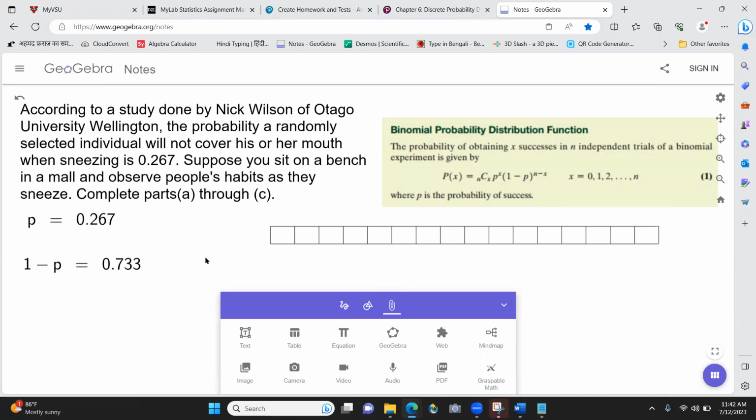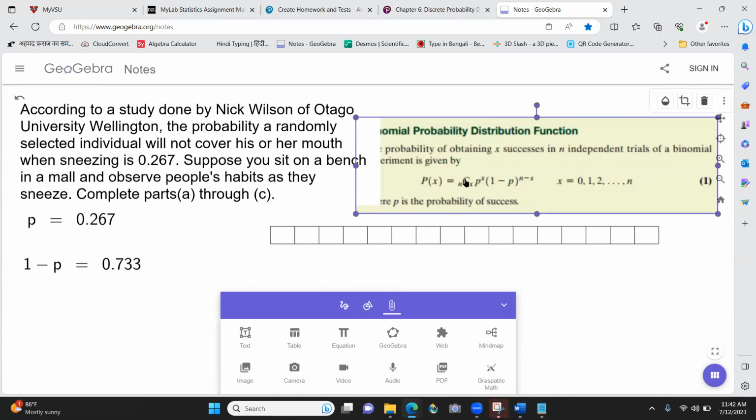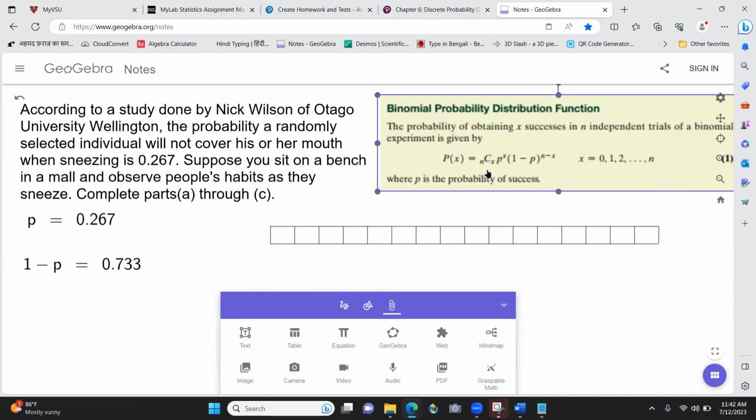Out of 16, we don't know which 8. Are they the first one through 8? They could be anywhere. So for that, you have to choose 8 boxes out of 16 using combination because they could be anywhere. 8 out of 16.